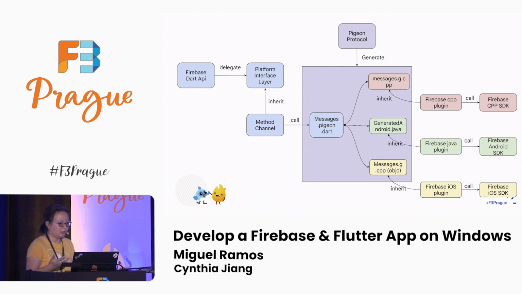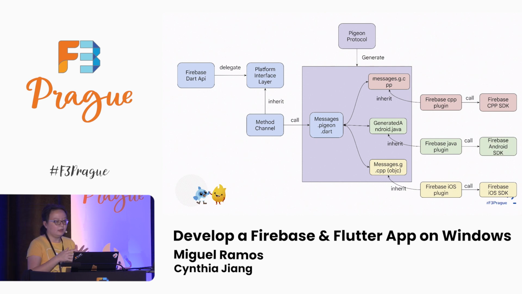This is the very high-level architecture that we use to support all the multi-platform work with the Firebase SDK on Flutter. Basically, we are using Pigeon to create a type-safe message channel.